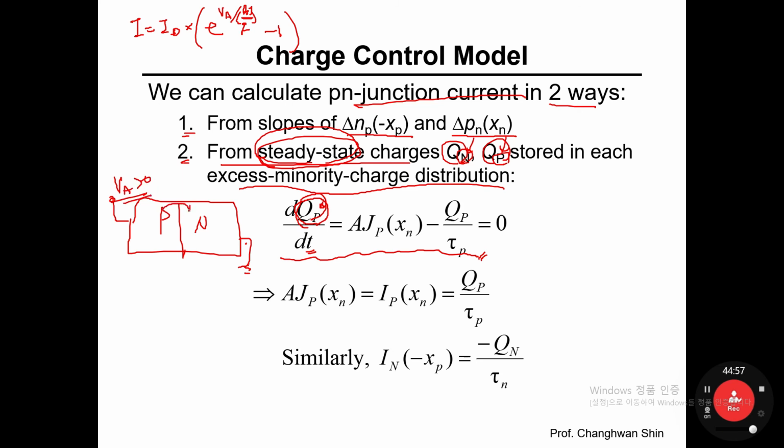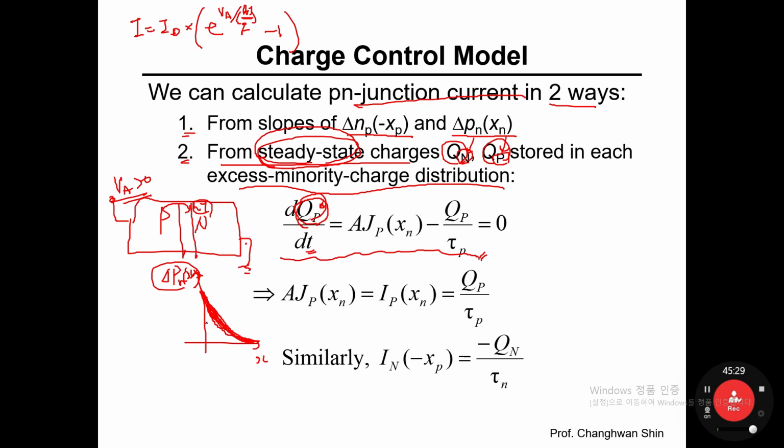So holes have been injected, and if I draw the excess hole concentration along the x direction, this plot can never be a function of time. Once it is shaped and built up, this plot can never be affected by time. As time goes by, this plot, delta p sub n as a function of x, is never modified.